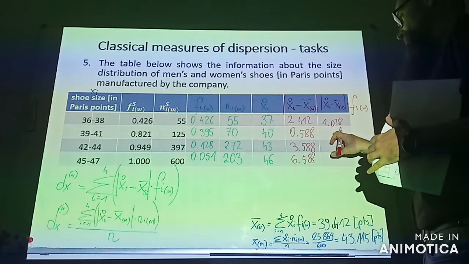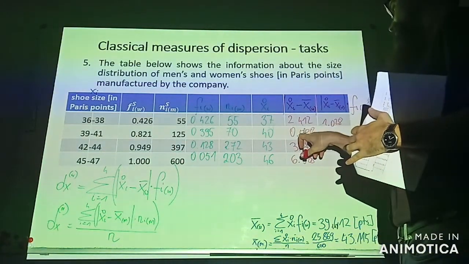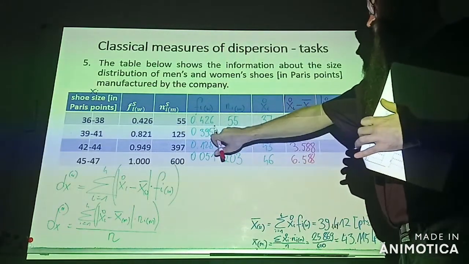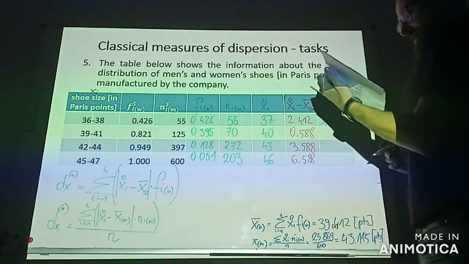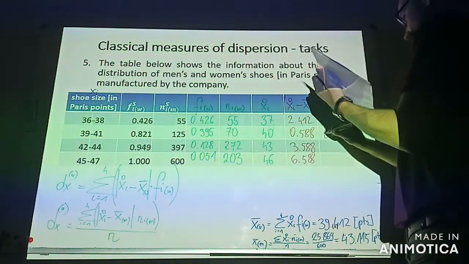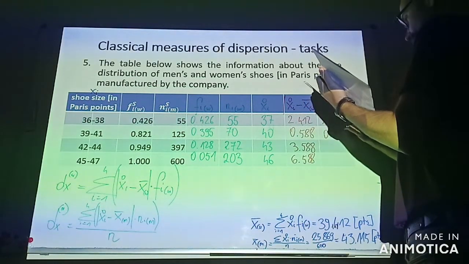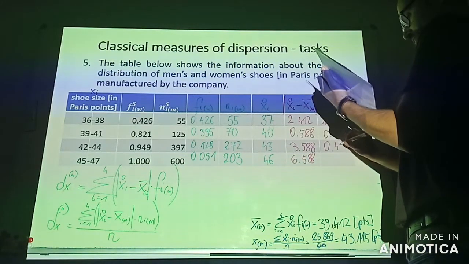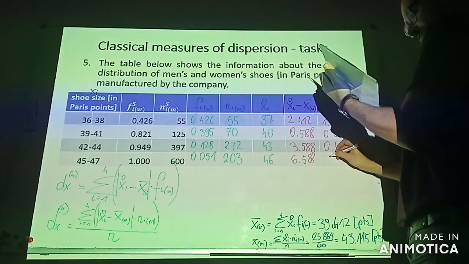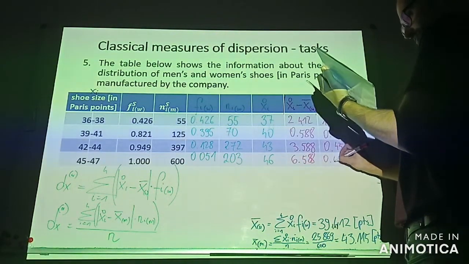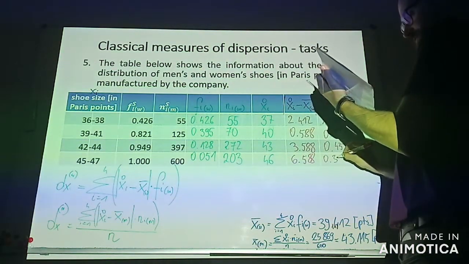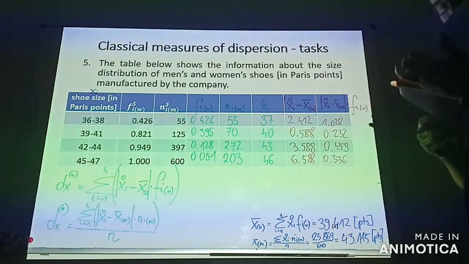In the next row I multiply the next module 0.588 by 0.395, and the result is 0.232, and then I have 0.459, and finally 0.336. All right.